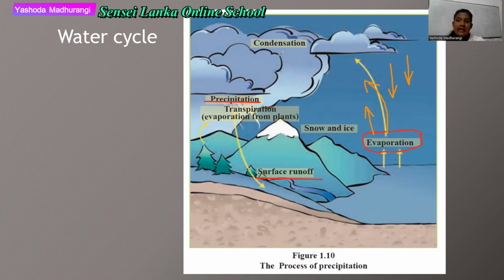Then it moves to the sky. After that, condensation. It condenses. Then the clouds are formed. Clouds form. Once again, it is raining.